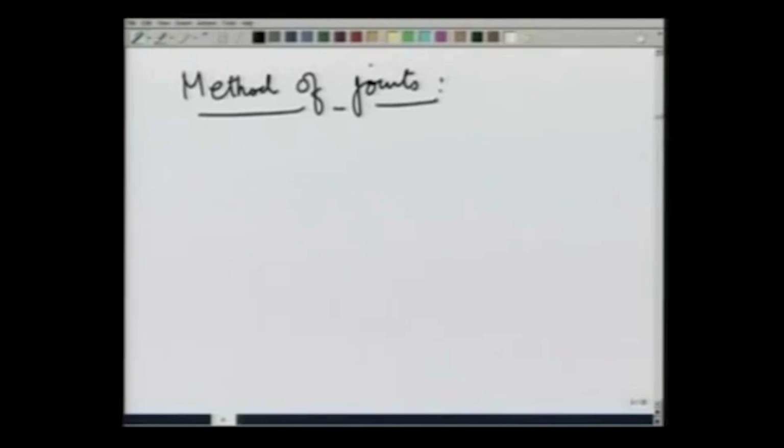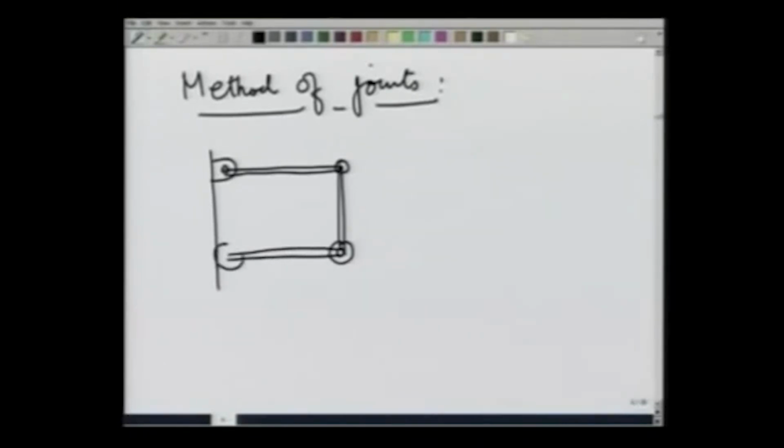examples. As the first example, let me take a simple system which is made of 4 rods with one fixed pin joint here. This is a rod, another rod like this, the pin joint here, third rod like this, and this is on a roller, a fourth rod like this, and there are 2 ropes along the diagonal.